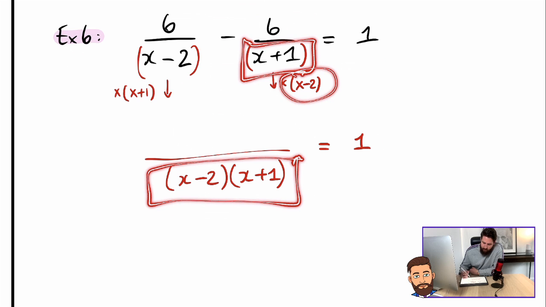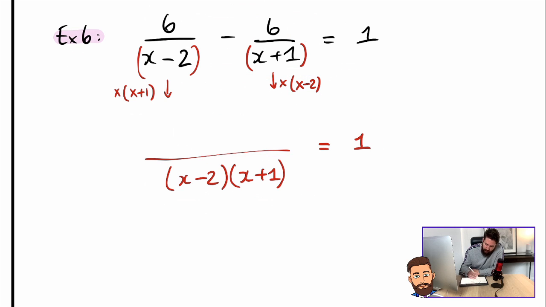And remember, if you do that to the bottom, you have to do it to the top. So we need to times this top by x plus 1. I'm just going to leave it in a bracket. I'm just going to say 6 lots of x plus 1 is what goes here. And then for this bit, I've got minus 6 lots of x minus 2.